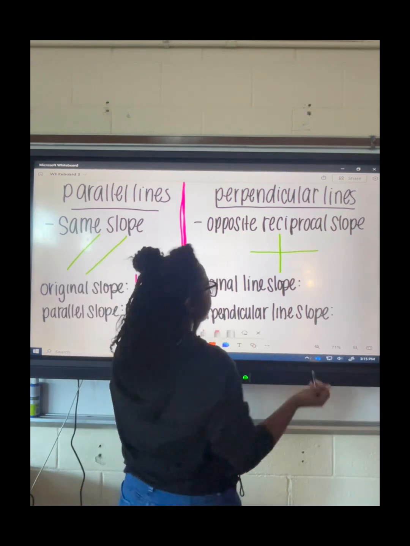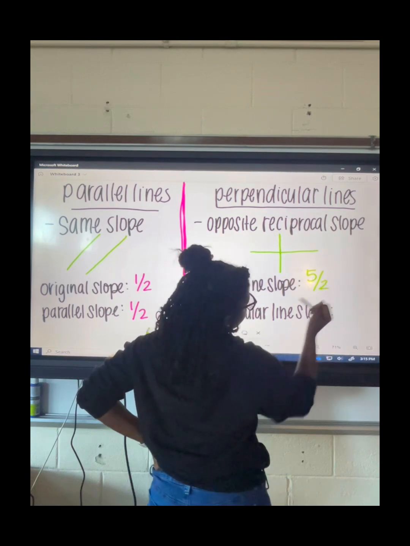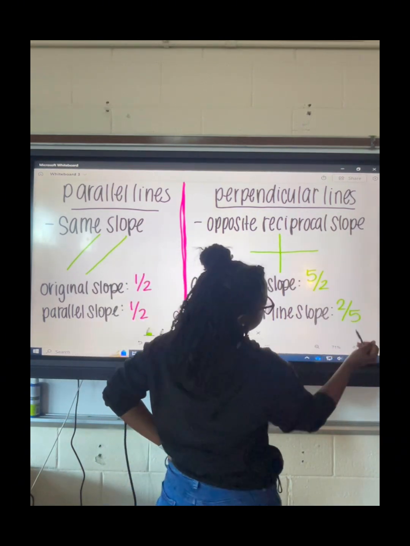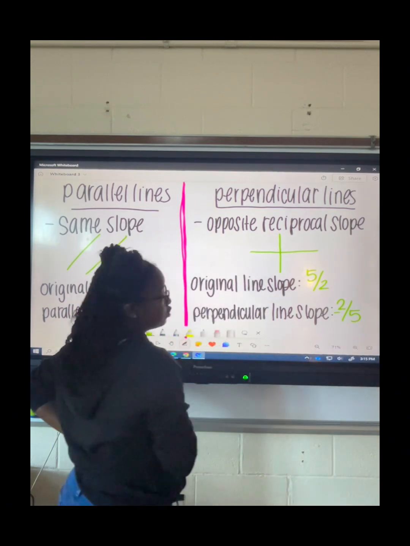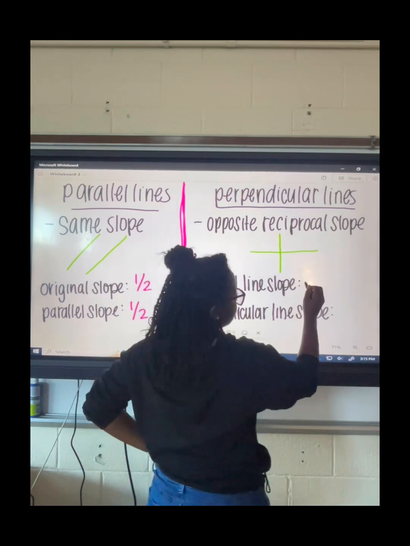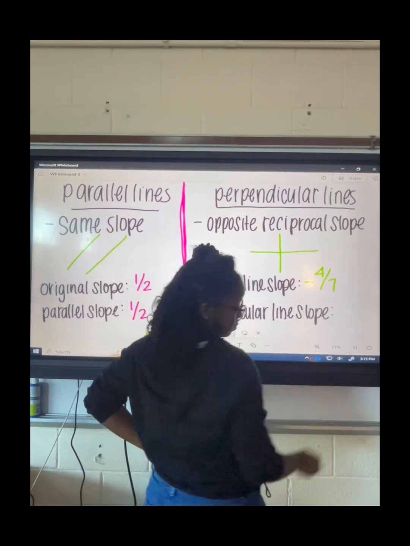Okay, let's try another one. Do it with me now. If my original slope was 5/2, my perpendicular slope would be -2/5. Okay. Let's say my original was -4/7.